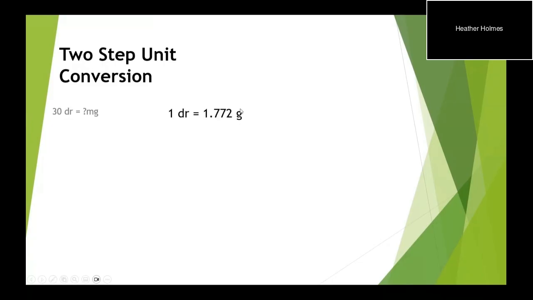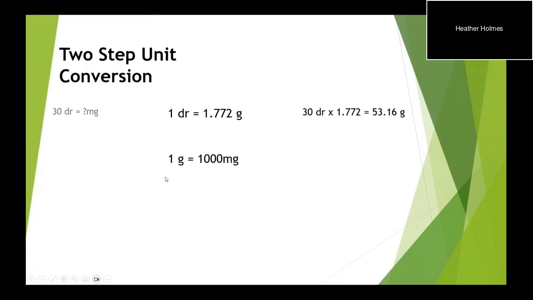So from the table, it gives us the information that 1 DR would equal 1.772 grams. And what we would do is multiply that, and it would give us how many grams that would equal. But we have to keep in mind, it's not asking us for grams, it's asking us for milligrams.